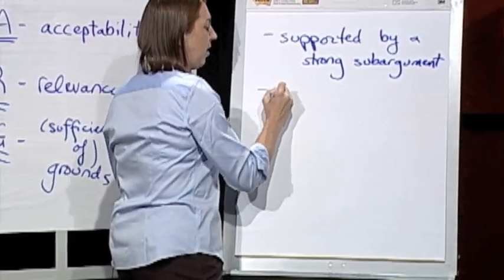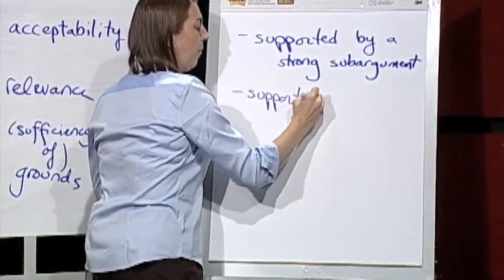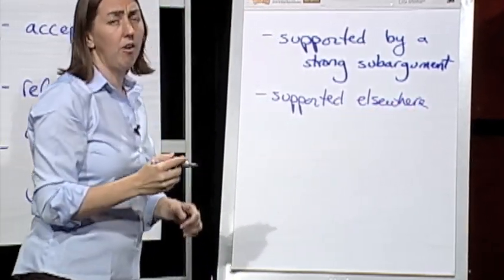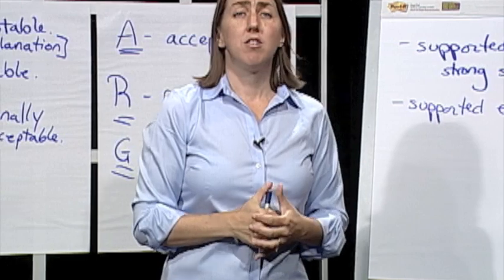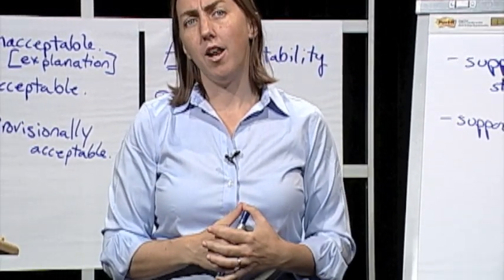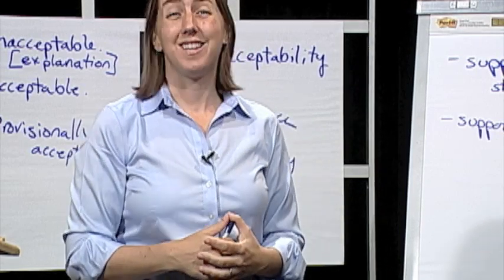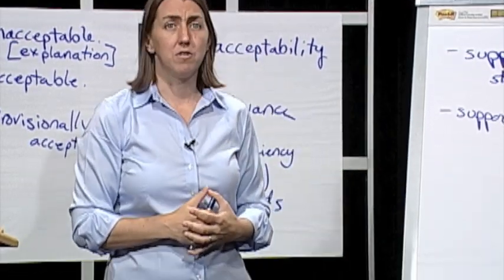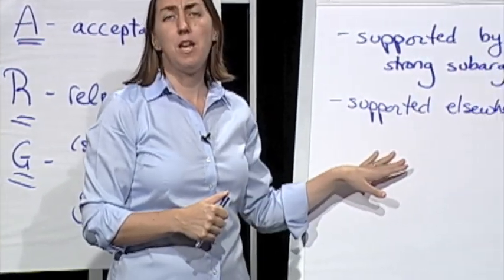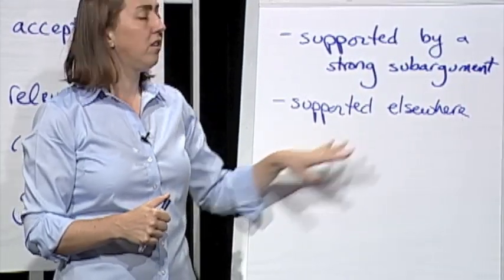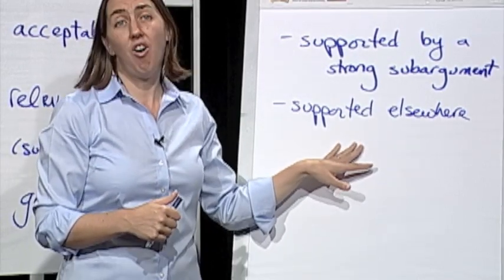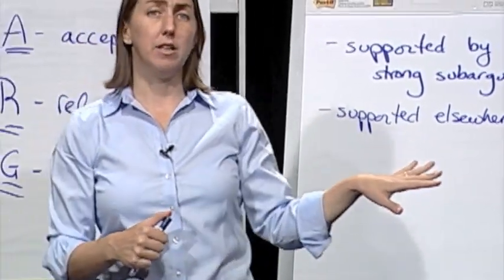So another reason that you can accept a premise is that you know it to be supported elsewhere. So if I'm reading an article and it says that the Red Sox won the 2004 World Series, I wouldn't say you have to provide me evidence of that. I know from my former reading that in fact that is the case, that the Red Sox did win the World Series in 2004. And if I can, the more specific I can be about where I learned that and the quality of the source, the better. We depend on this kind of support all the time, and often quite appropriately so.